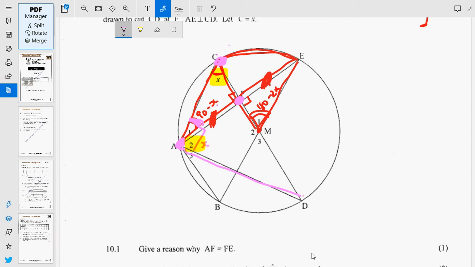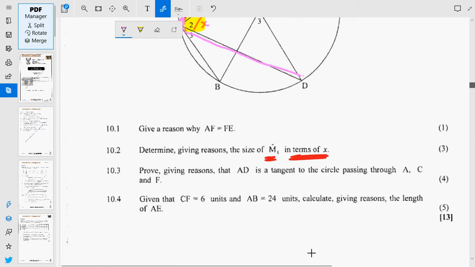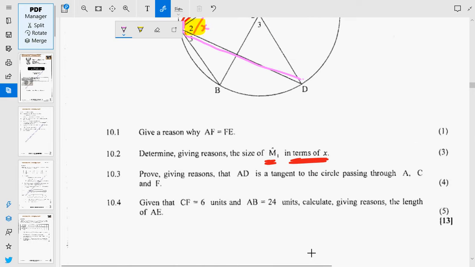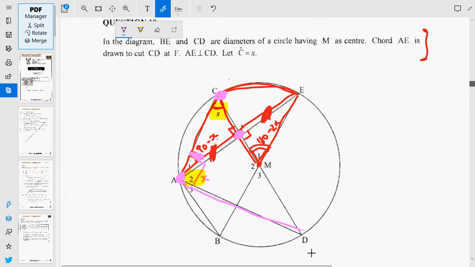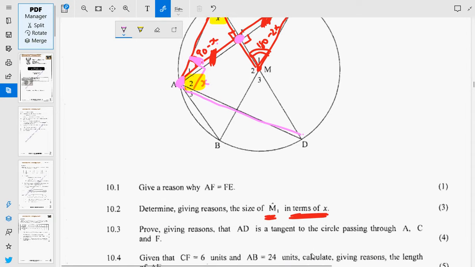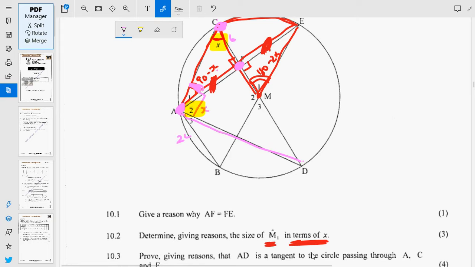All right. But I suspect most people were confused there. Now the last part of the question is even more tricky, because they're giving you the length of CF. They're telling you that CF is 6 units, and they're telling you that AB is 24.